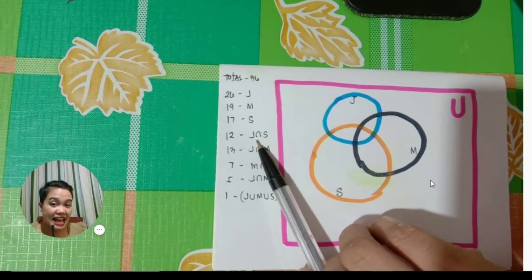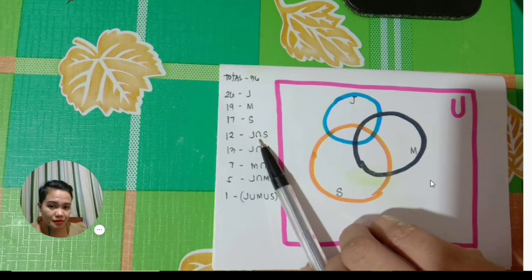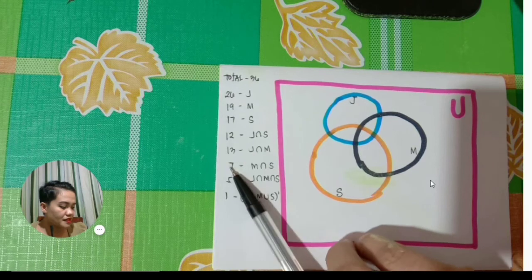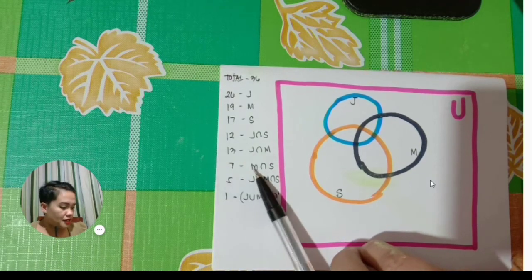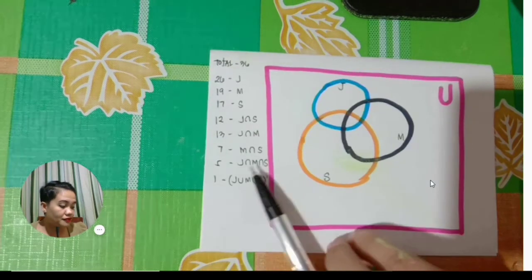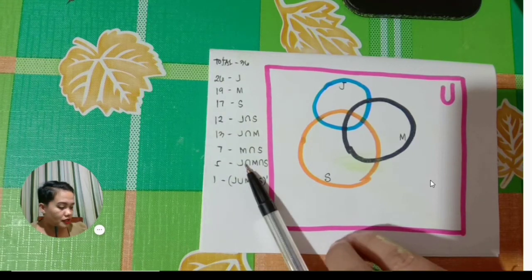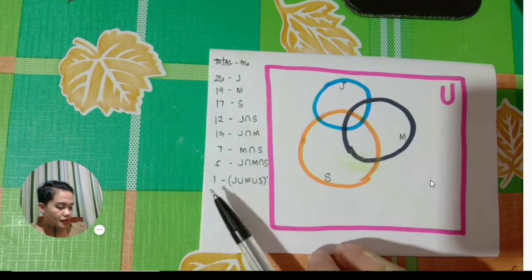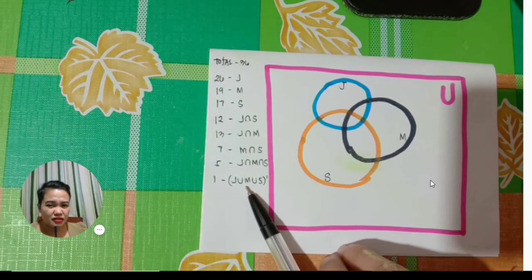So when we say and, that means intersection. It means both or the overlapping part. 13, Jollibee and McDonald's. 7, McDonald's and Subway. 5 enjoyed all their meals at those fast food chains. And only 1 did not go to any of the stores.